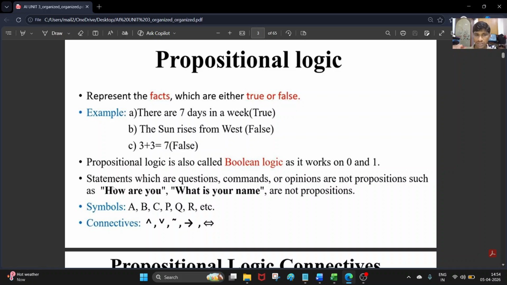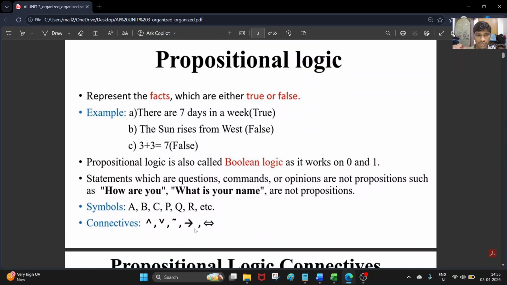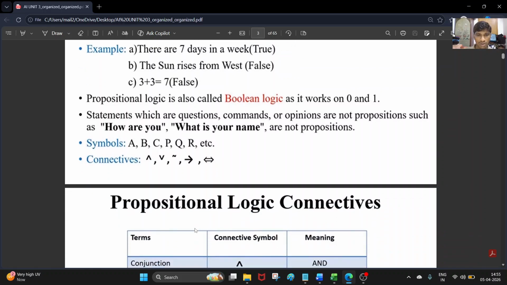Statements which are questions, commands, or opinions are not propositions, such as how are you, what is your name. Symbols such as A, B, C, P, Q, R, etc., and connectives such as and, or, negation, implies, and bi-implies are used in propositional logic.